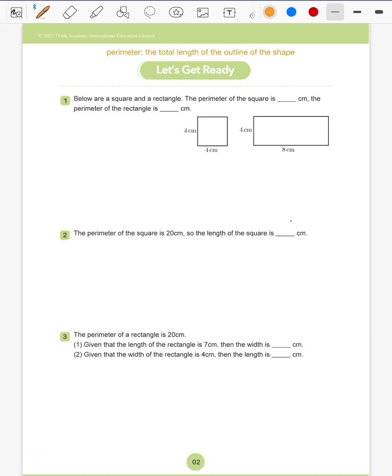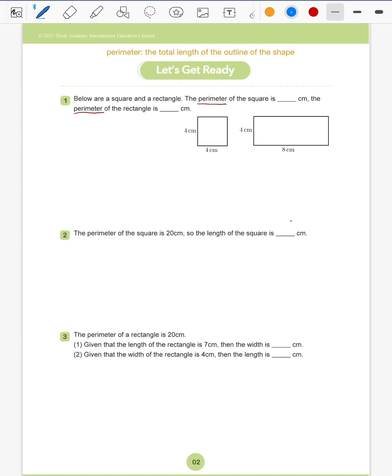For question 1, below are a square and a rectangle. The perimeter of the square is how many centimeters, and how long is the perimeter of the rectangle? If we analyze some key information in this question, we will find one key word is the perimeter. Right? We want to find out the perimeter of the rectangle and the square. Think about the meaning of the perimeter.